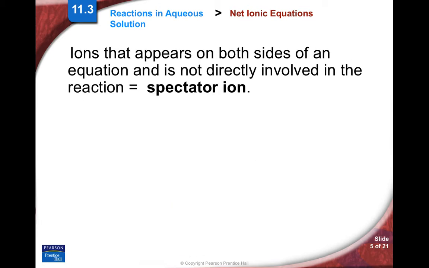So why write all these stinking ions down if they're not doing anything? One thing that chemists do, because we're minimalists at heart, is try to get the extraneous stuff out of the way. So if an ion appears on the reactant side and the product side of a reaction, then they're not involved in the actual reaction. They're spectators.